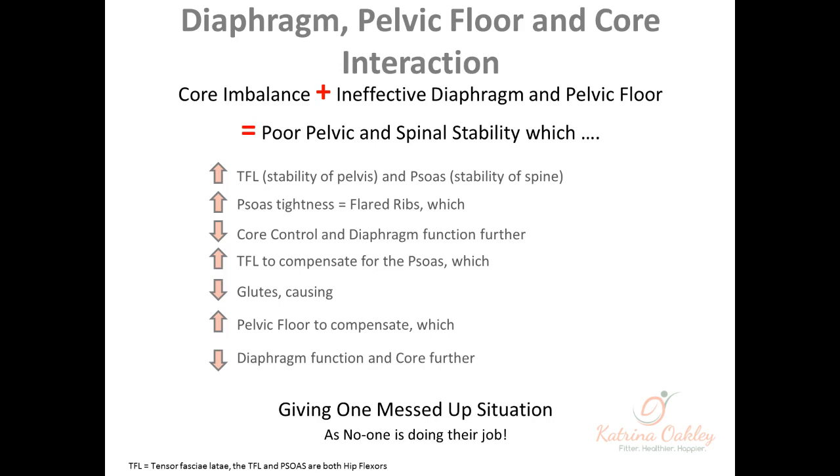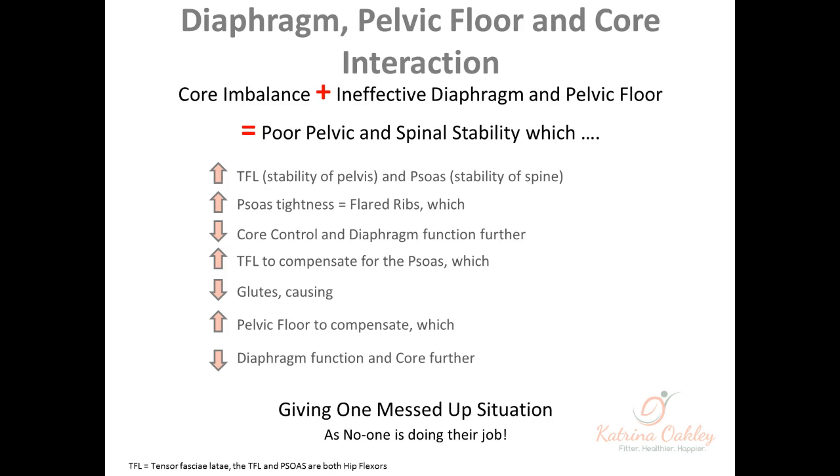And the more you lose core control, the more you increase your TFL tightness to compensate for the psoas, which then decreases your glute activation because as the TFL gets tighter, it starts doing the job of the glutes and it shuts your glutes down.